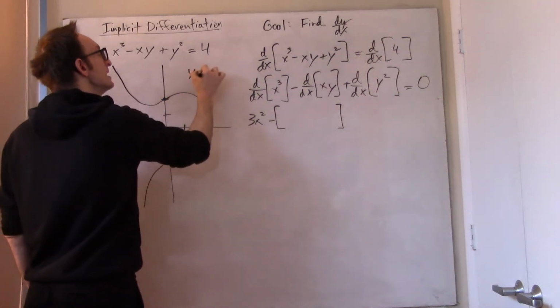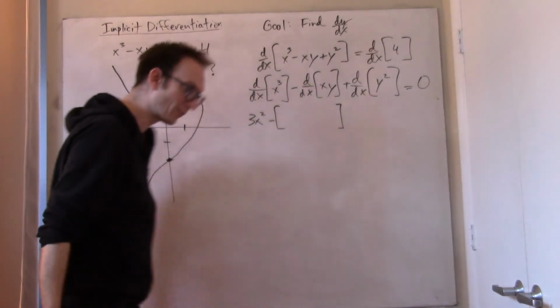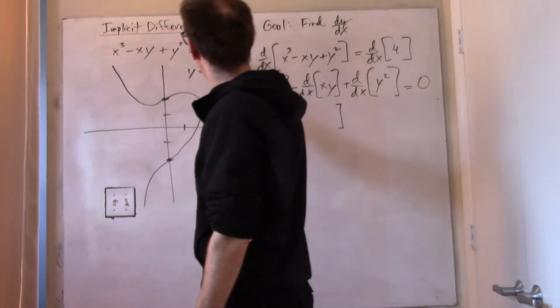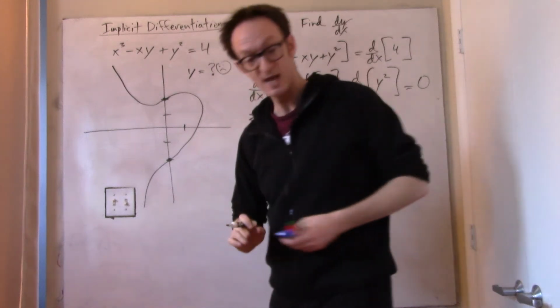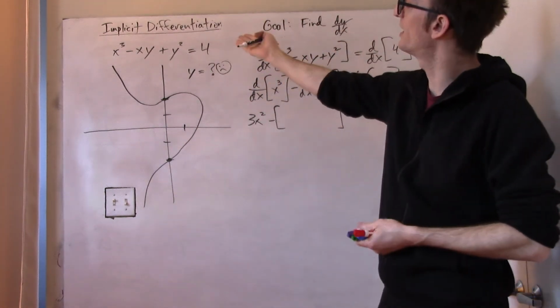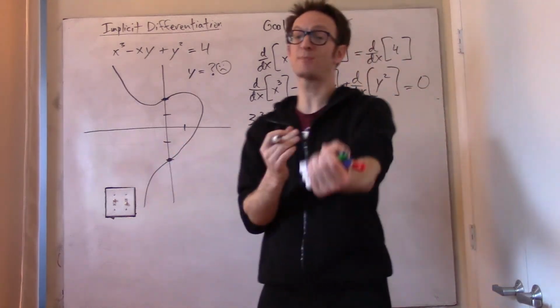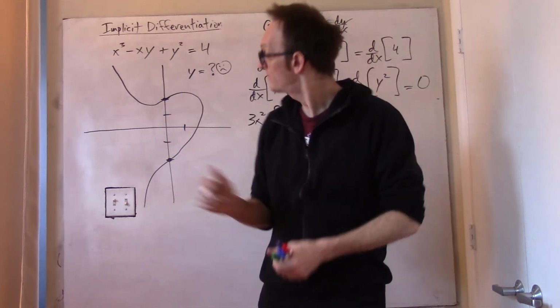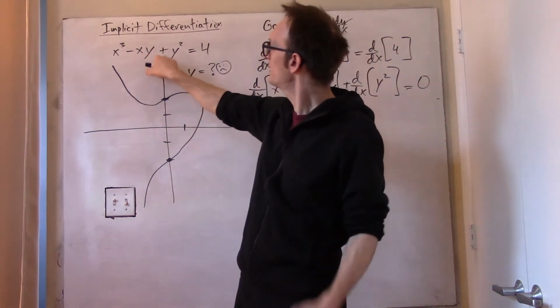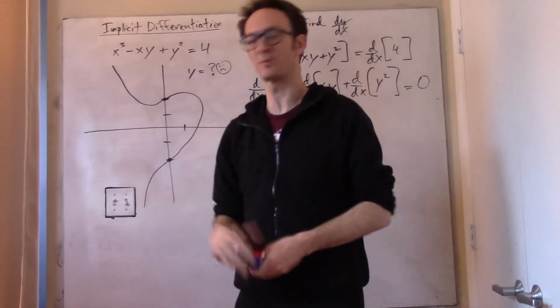If you demanded that I give you the formula for y, I would just cry and change the subject, because I don't want to solve for y, and in fact maybe I even can't. But there is a relationship between x and y, and this equation defines that relationship, okay?